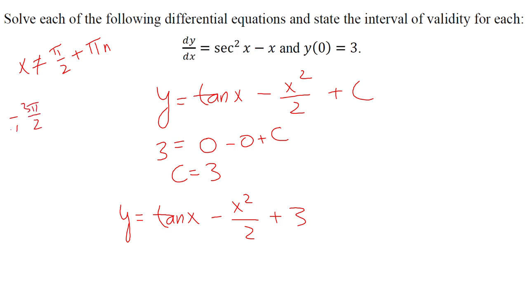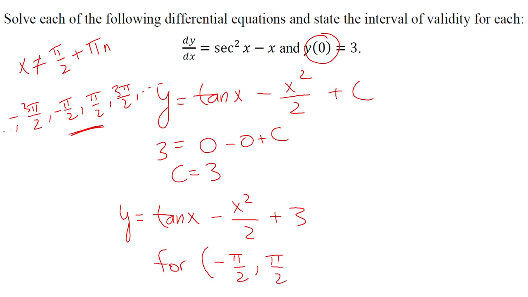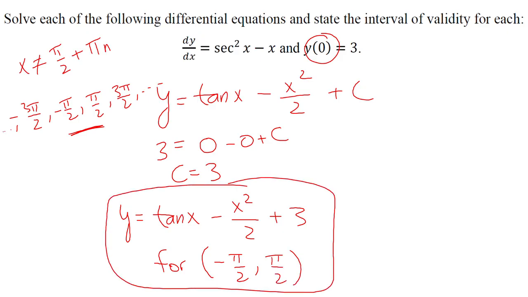In fact, everything before that, right? And -pi over 2, and pi over 2, and 3 pi over 2, and so on. Right? Well, we need to pick the single continuous piece that includes 0. Well, that's going to be from -pi over 2 to pi over 2. So that will be our interval of validity for this problem.